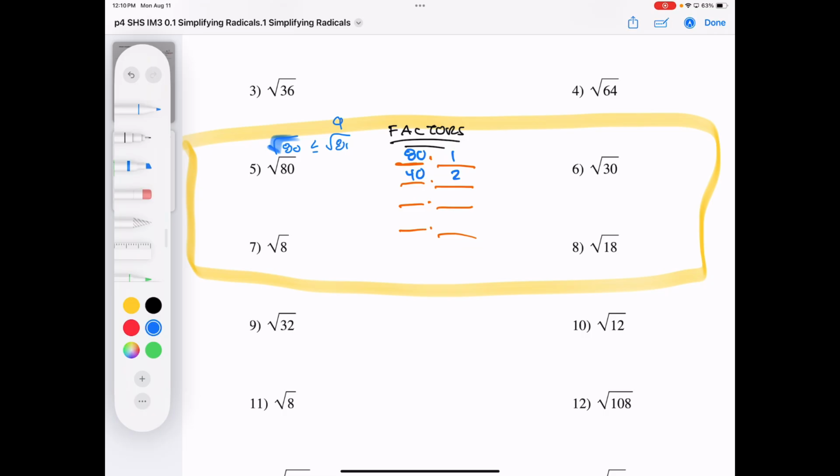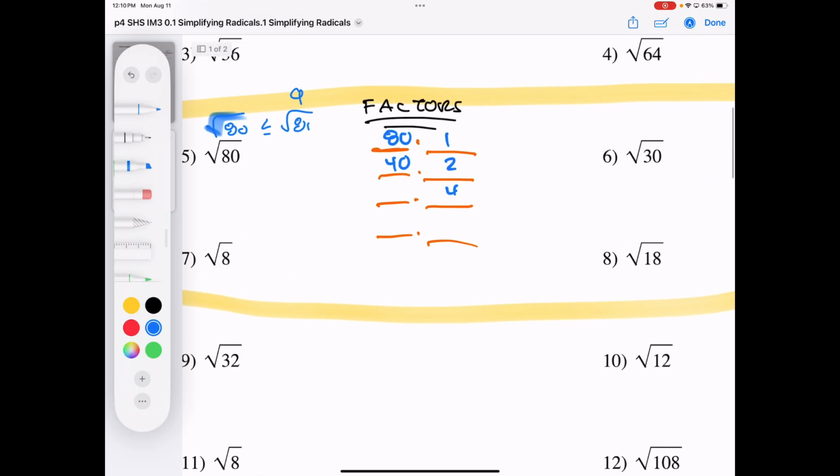I don't think 3 is going to work. How about 4? 20. 5? How many 5 dollar bills in 80? Too much, too much. 16. How about 8? 8 times what? Did I miss any?